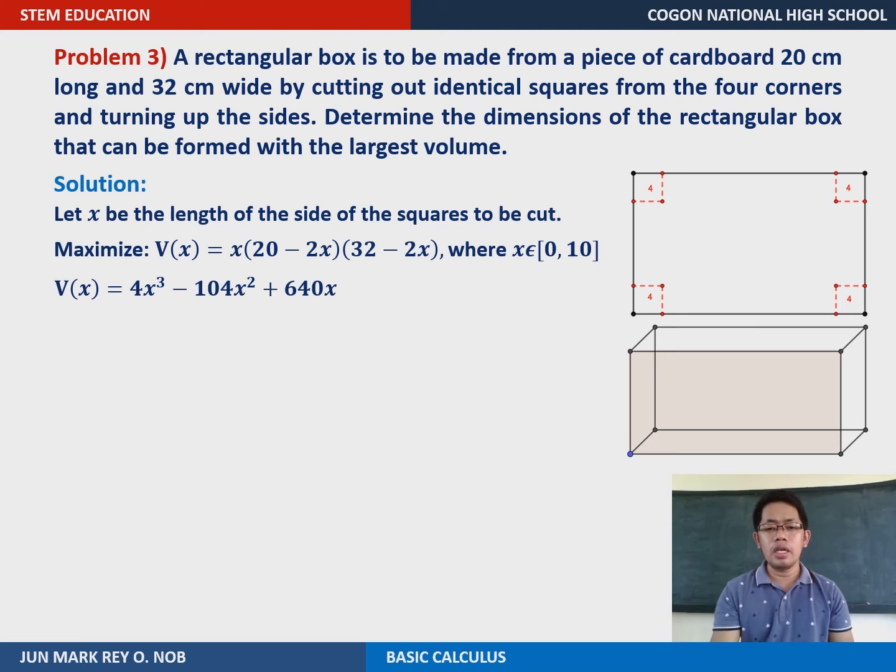Right, if we expand this expression of our volume, we come up with V of x equal to 4x cubed minus 104x squared plus 640x.